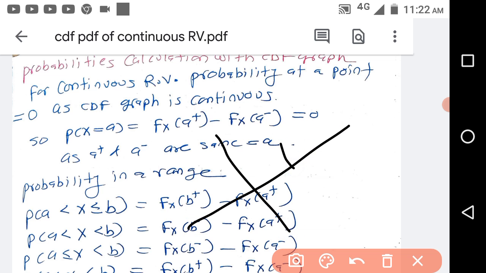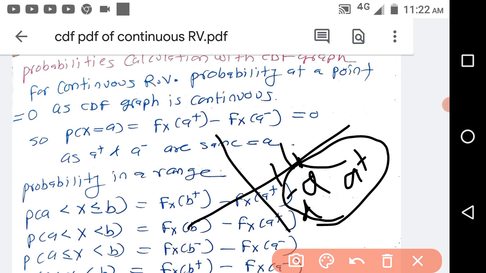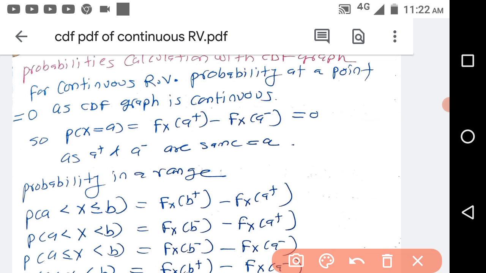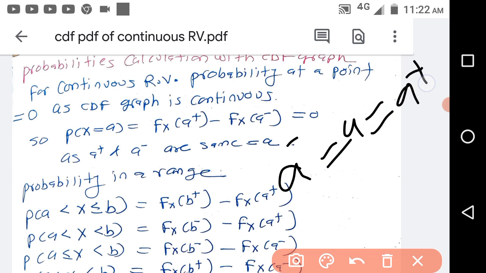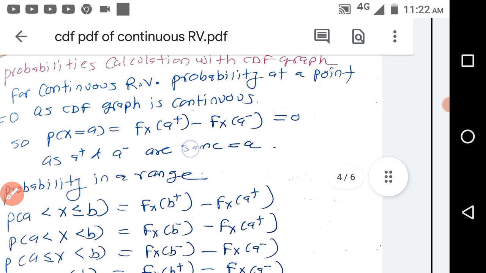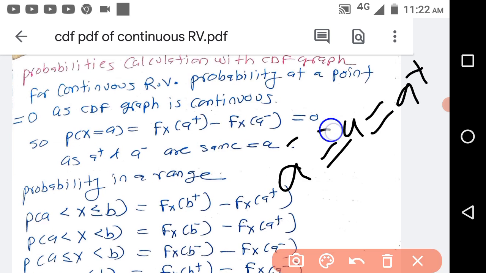Suppose this is the value a, then a plus is just higher than a, and a minus is just lower than a. In the case of a continuous random variable, a minus is equal to a plus. So the probability at a point in the case of a continuous random variable is equal to 0.